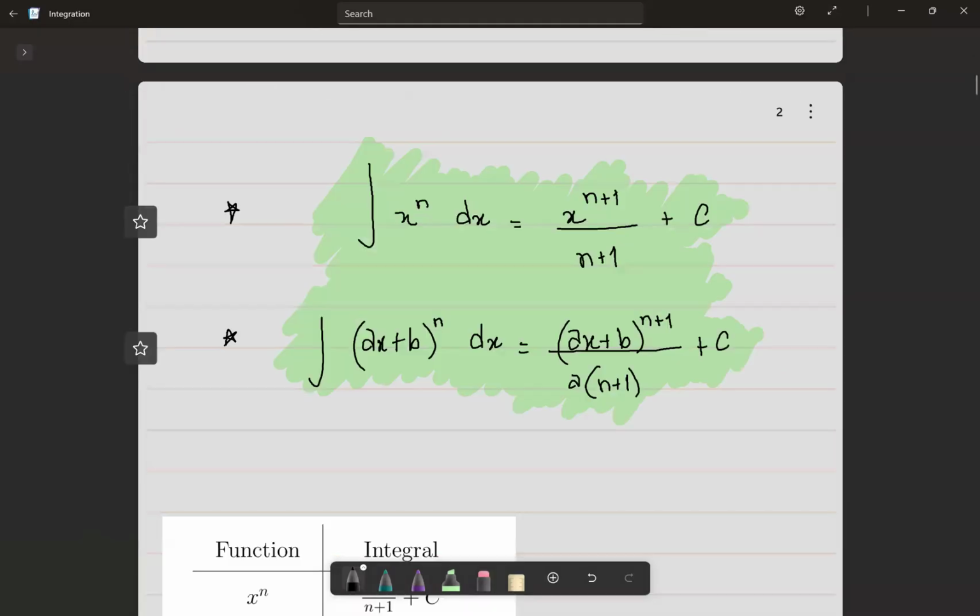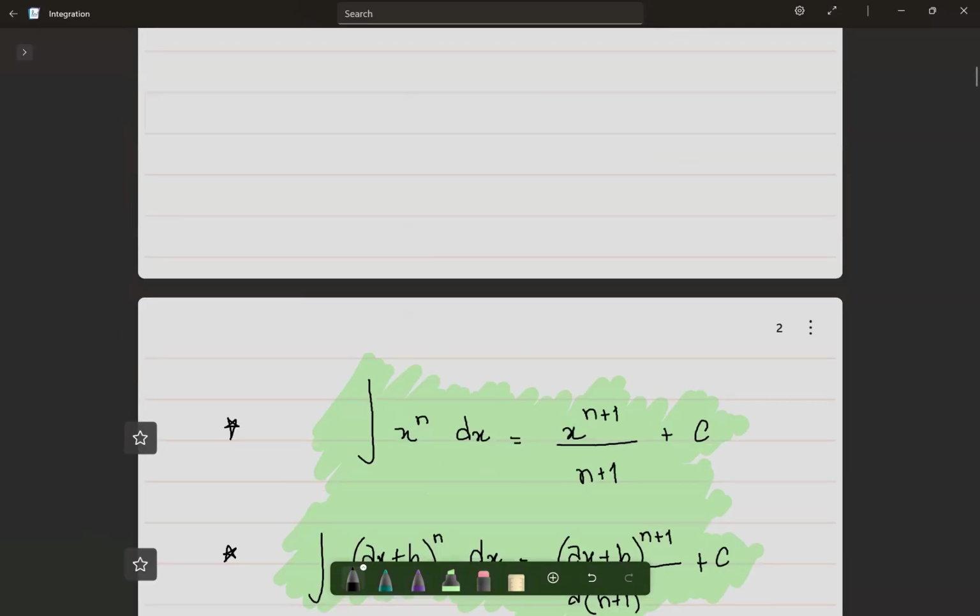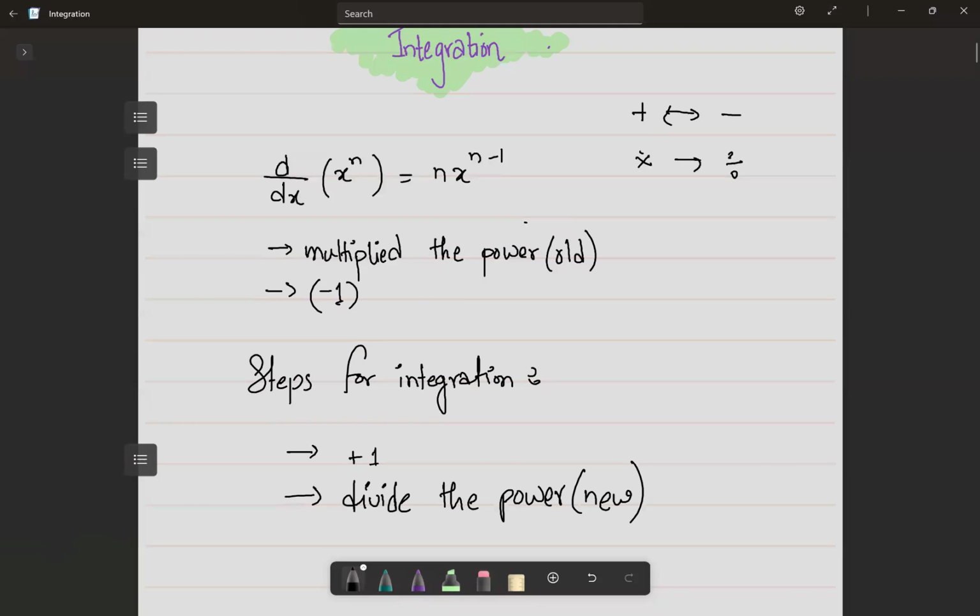So here is the formula. For integration, what you need to keep in mind is that integration has a special sign, just like in differentiation. In differentiation, if we had y equals x to the power n, then this was dy by dx.